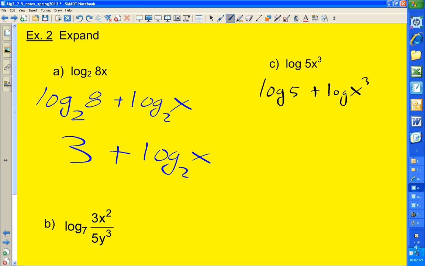Common log of 5, we leave that alone. What do you do with the common log of x cubed? It's called the power property, and it becomes 3 common log of x.